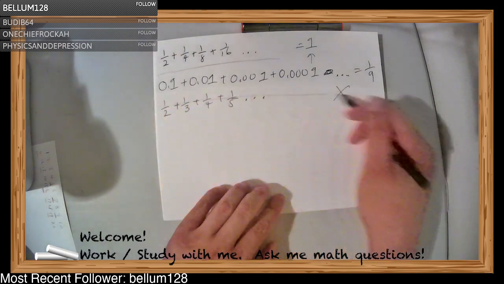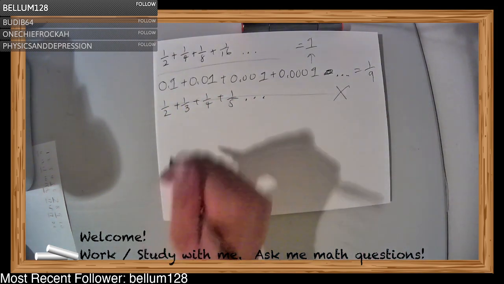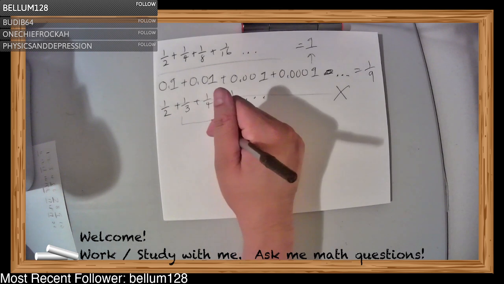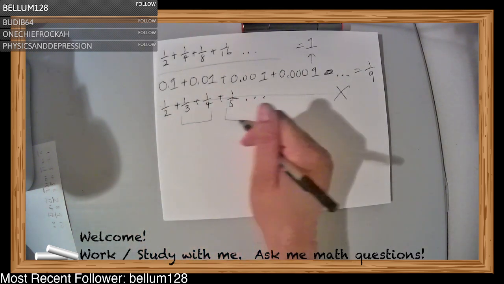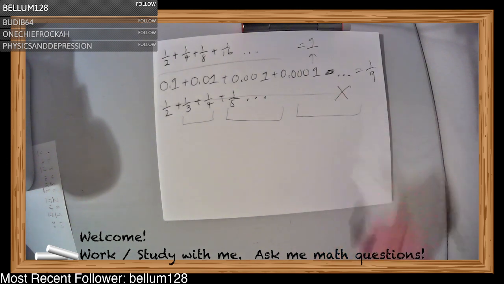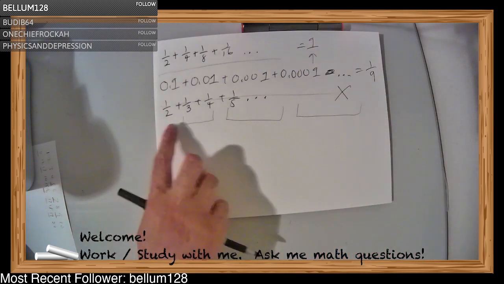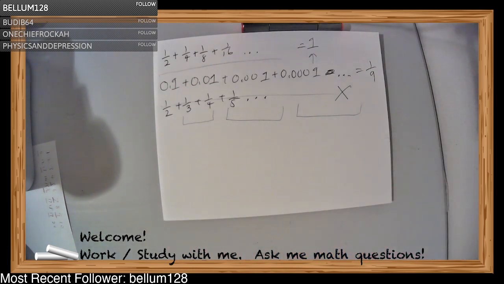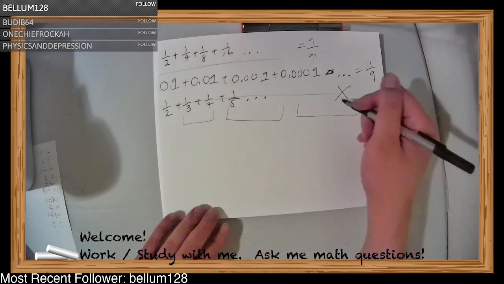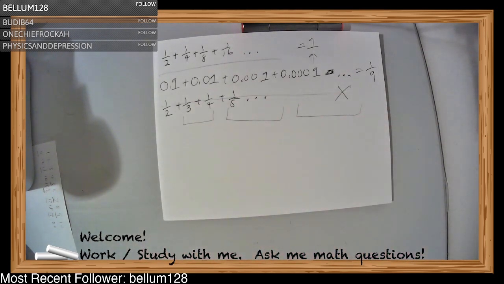It turns out that if you group these series elements into 2s here, and then into 4s here, and then into 8s here, you get a half plus more than a half plus more than a half plus more than a half. If you add a bunch of halves, that doesn't give you any number. So this one is bad. Can't do that one.